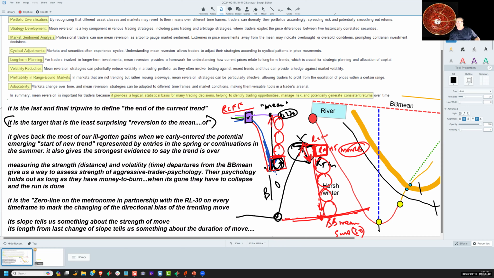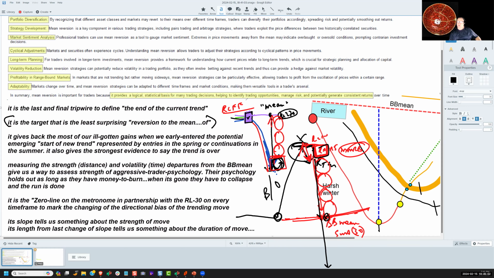And then if it completes leg 1 all the way down to the Bollinger Band mean, then we're not allowed to be surprised that it goes that same distance beyond the Bollinger Band mean.